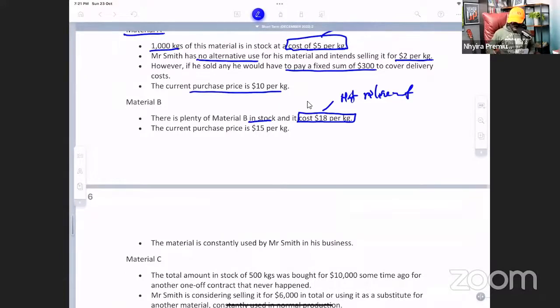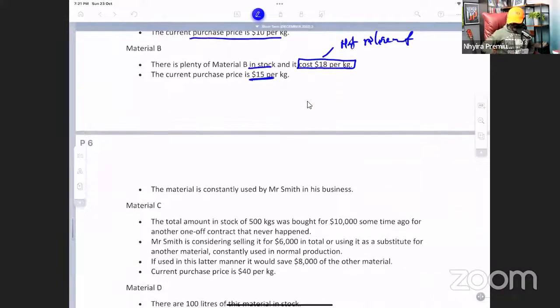But we are told that the current price is $15 per kilogram. So if we are buying that same material now, $15 per kilogram, then the final information, the material is constantly used by Mr. Smith in his business. So remember, if material is in constant use, then the relevant cost becomes what? The current purchase cost or the replacement cost.